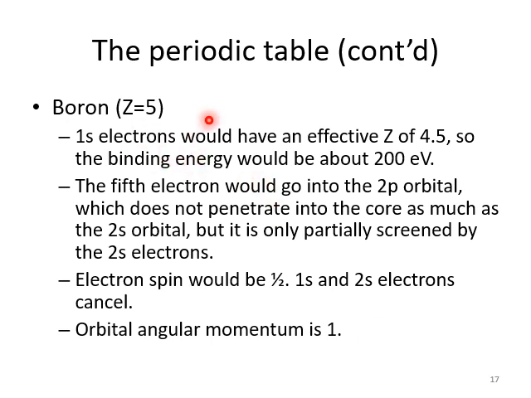Z equals 5. Don't worry, we're not going to do the entire periodic table. We'll do boron, and then we'll skip up to a slightly heavier atom, and then generalize from there.